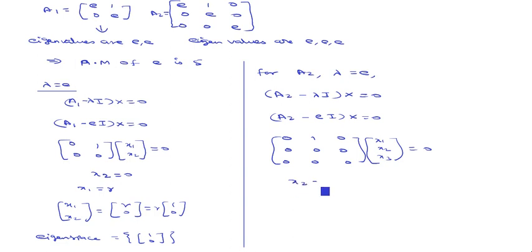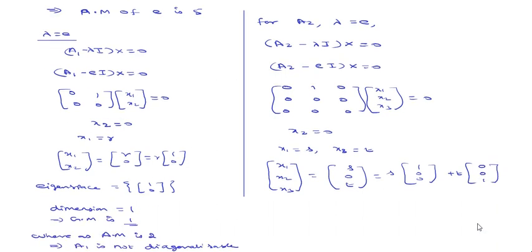Here x2 equals 0, x1 equals some parameter s, and x3 equals some parameter t. Therefore (x1, x2, x3) is (s, 0, t), which is s times (1, 0, 0) plus t times (0, 0, 1).